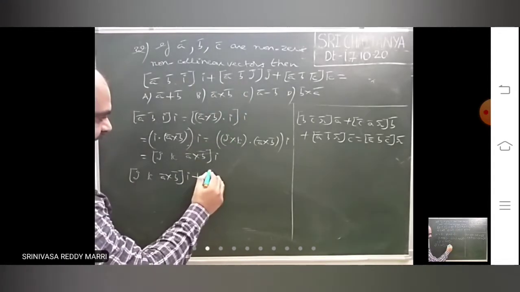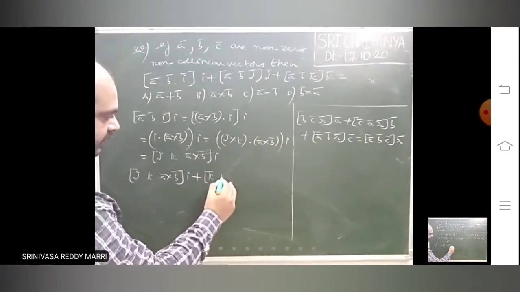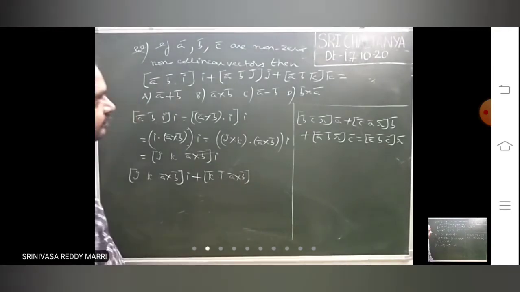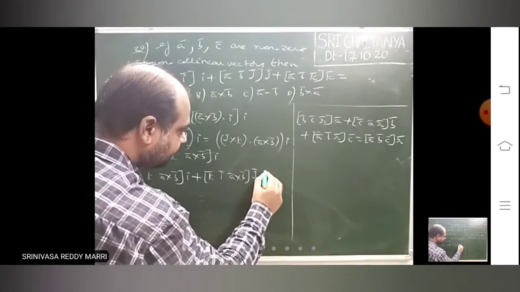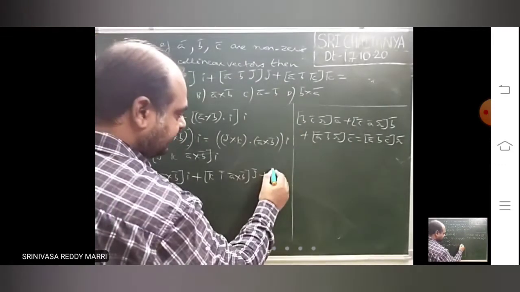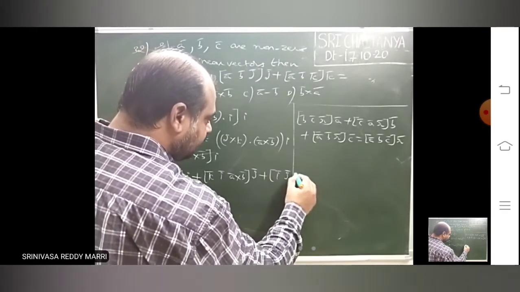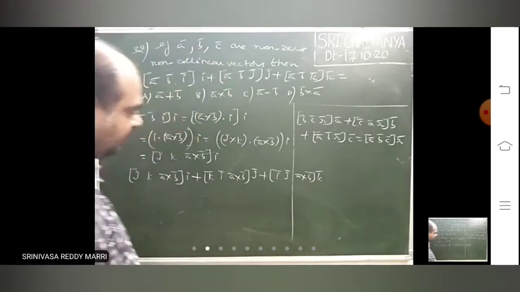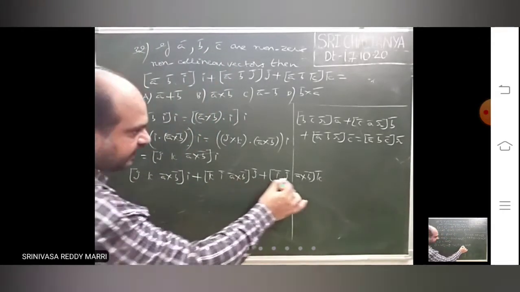So this also I can rearrange. So K bar, I bar, A cross B into J bar plus. So this also I can rearrange. I bar, J bar, A cross B into K bar.